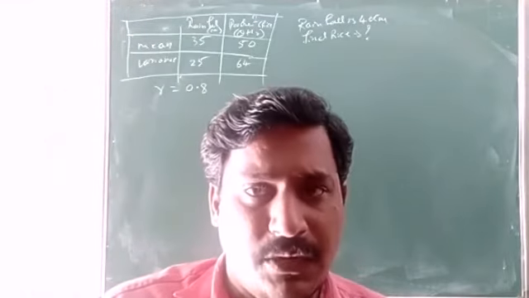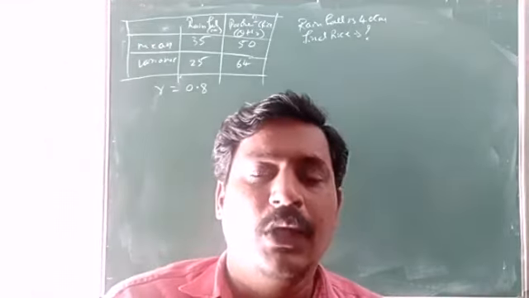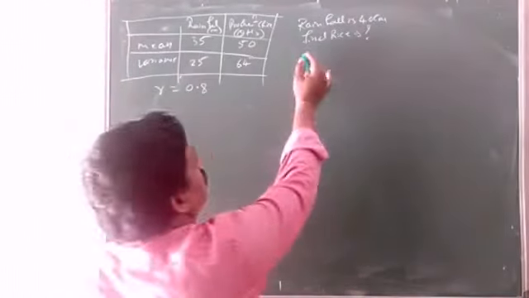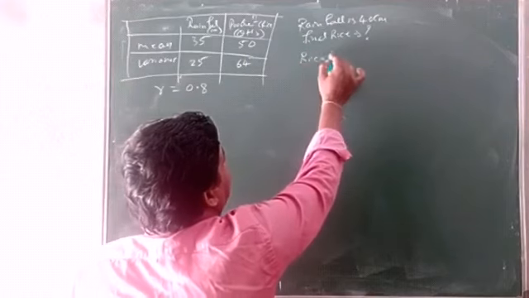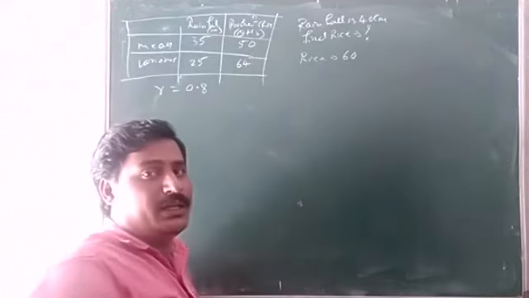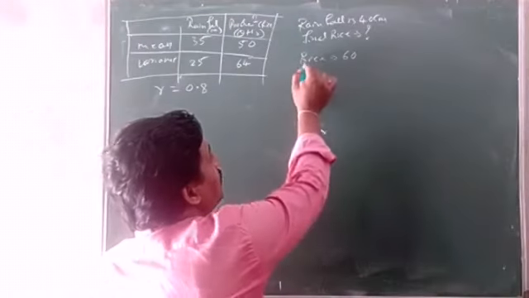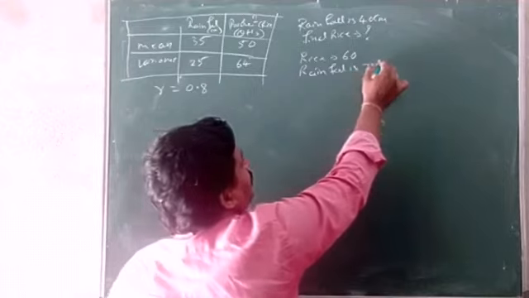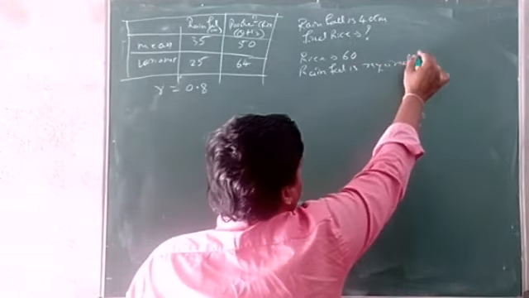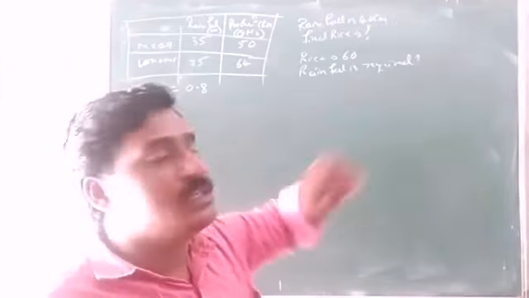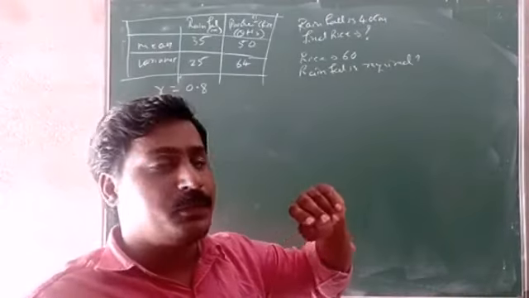And the second question, to produce 60 quintals of rice, how much rainfall is required? So first question, if rainfall is 40 centimeters, what would be the production of rice?